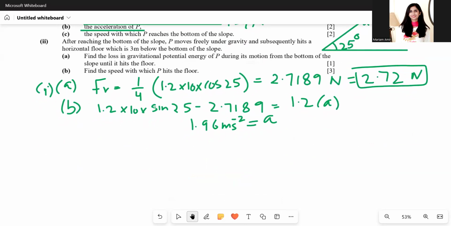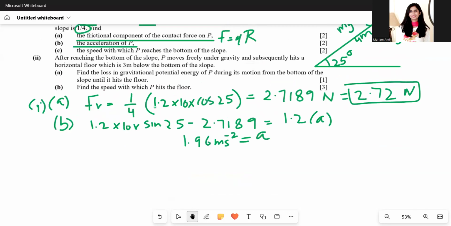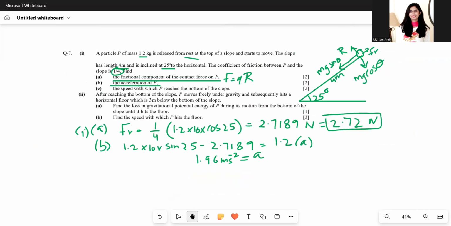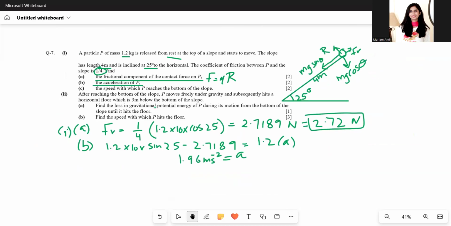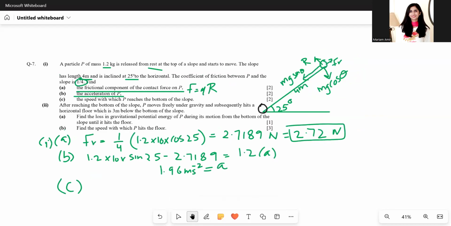Part C says find the speed with which P reaches the bottom of the slope. How will we do this? What will be the speed here? Equation of motion.